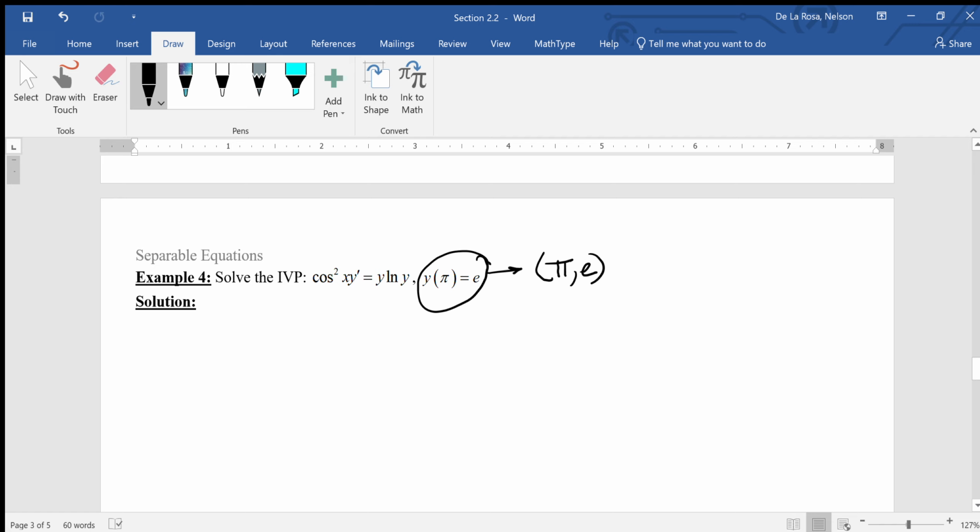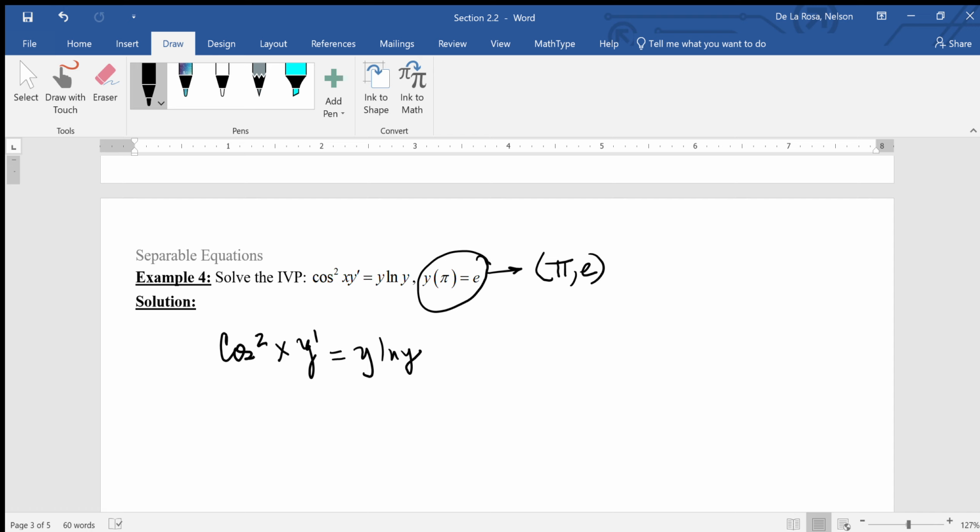So we have cosine square of x times y prime equals y ln of y. That's the given differential equation.